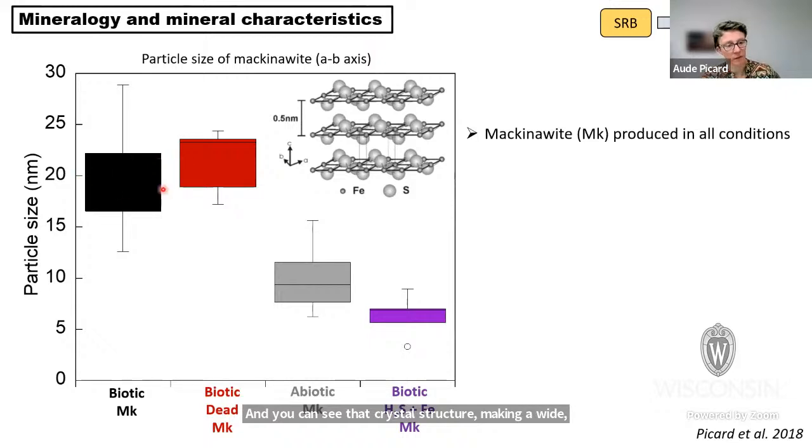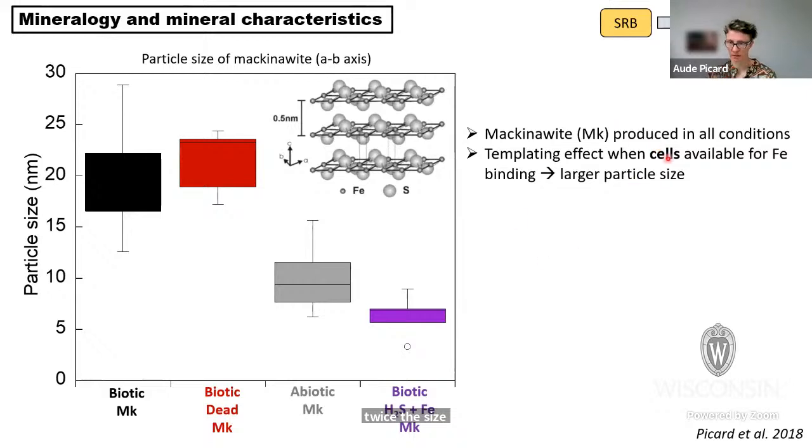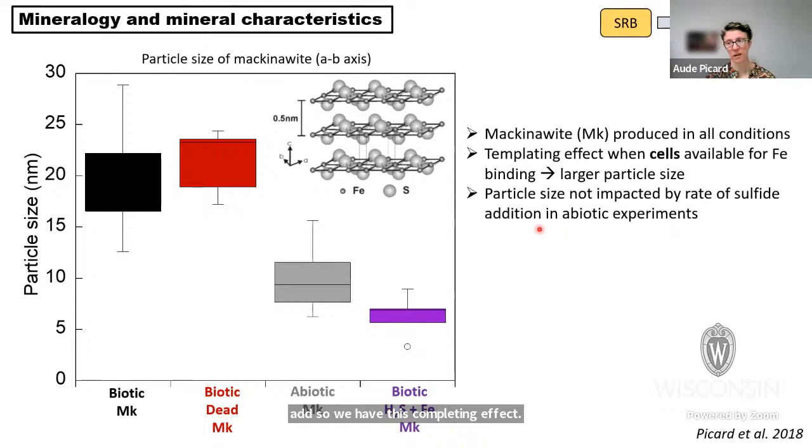And so we can see that when we have this biotic mackinawite precipitated in cultures grown with iron, whether dead or alive, it's pretty large and about twice the size as the abiotic or this biotic where we add iron later. So we have this templating effect that produces a larger particle size.